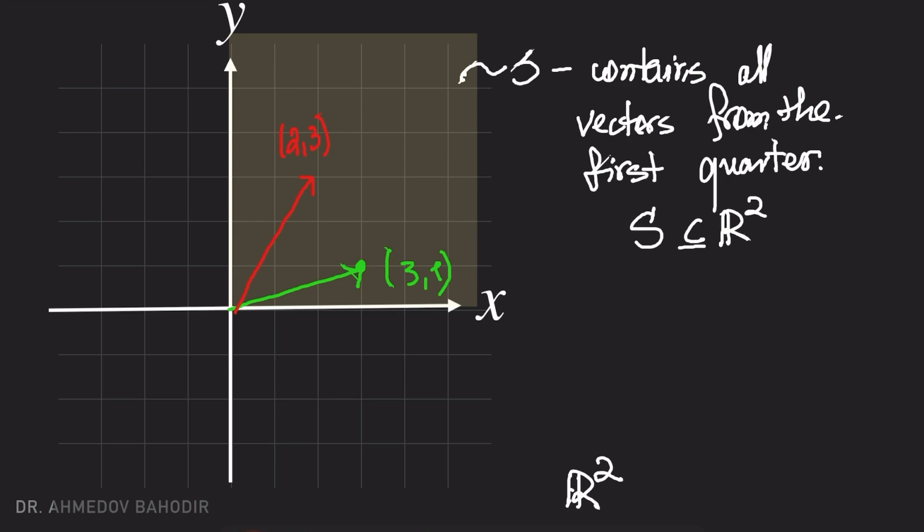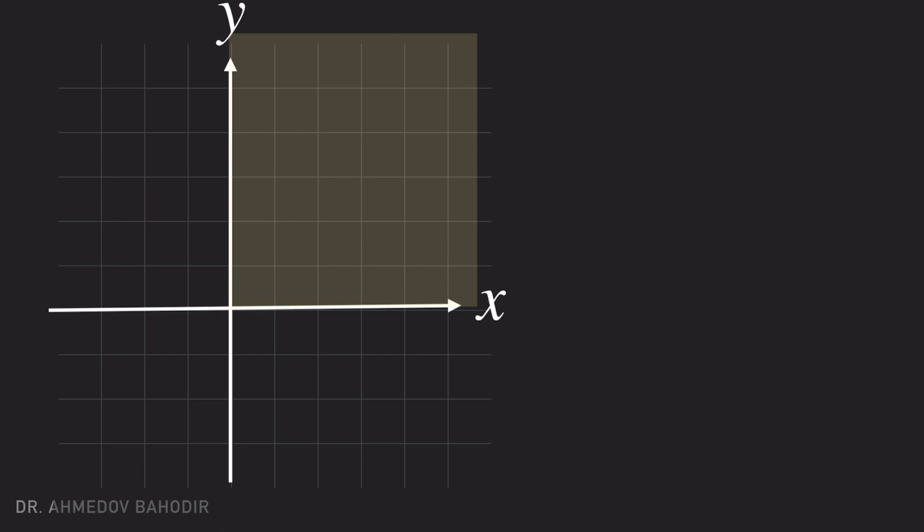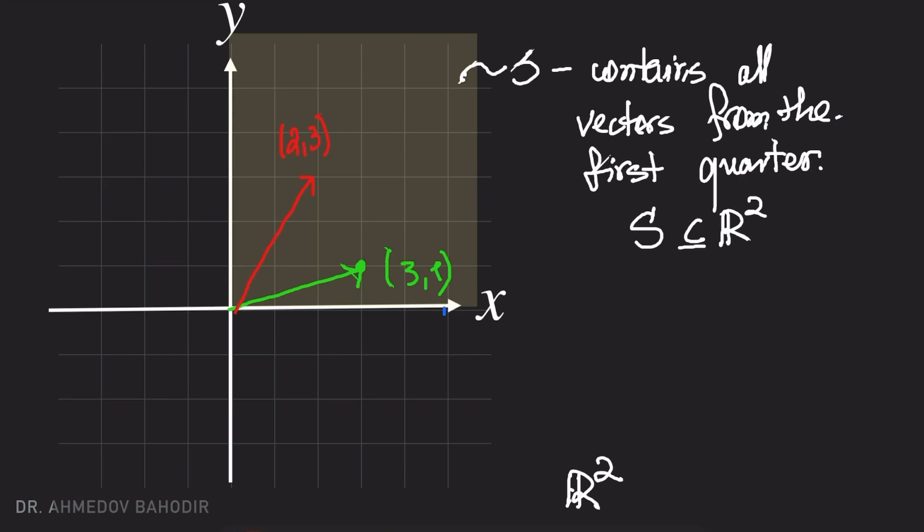The summation is going to be the 5 and 4 vector, somewhere here, which is still from the first quarter. And even more, the 0, 0 vector is also inside this subspace.